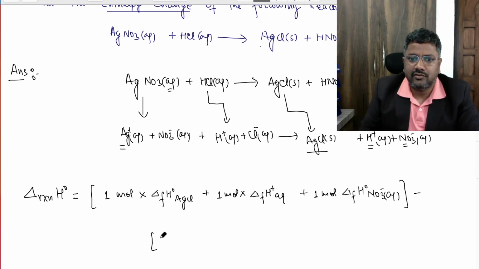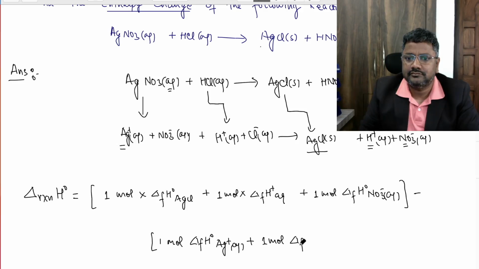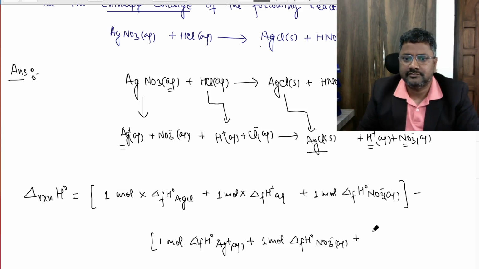Ag plus, 1 mole, delta H naught formation of Ag plus aqueous, plus 1 mole delta H naught formation of NO3 minus aqueous, plus 1 mole delta H naught formation of H plus aqueous, plus 1 mole delta H naught formation of Cl minus, right?